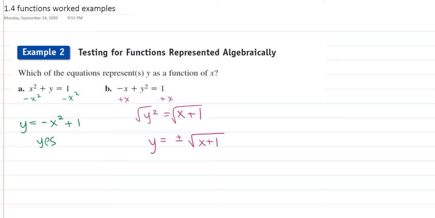So this tells us that for any x value that we put in, we would actually get two results for y. So therefore, this is not a function because a function is defined as having one unique y value for each x value.